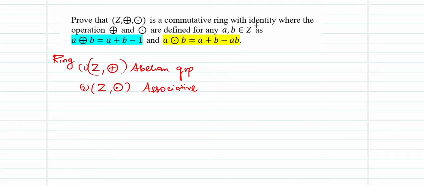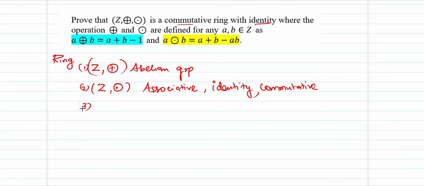Along with it, you need to add an identity element, and also you will have to add the commutative law to it. So with respect to dot, this is going to be the concept.